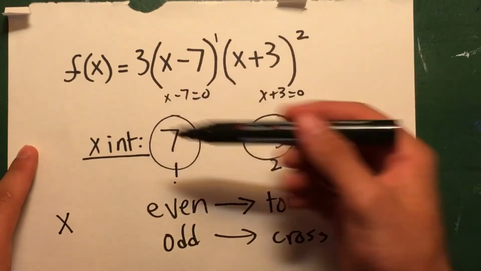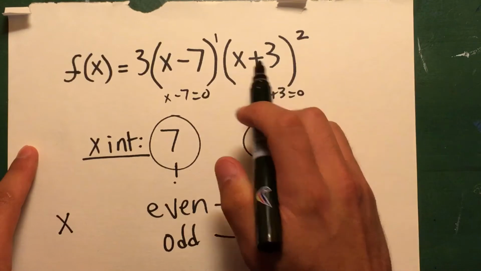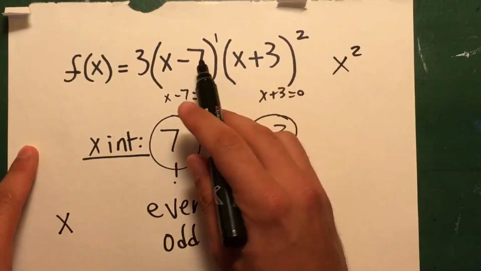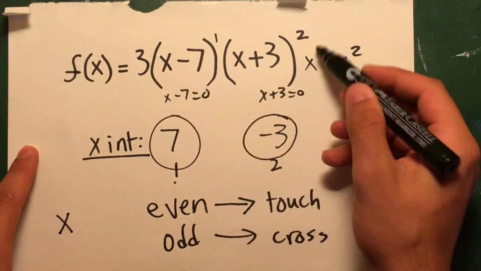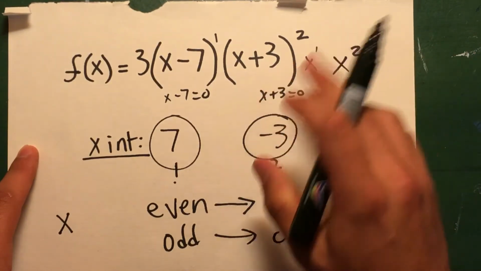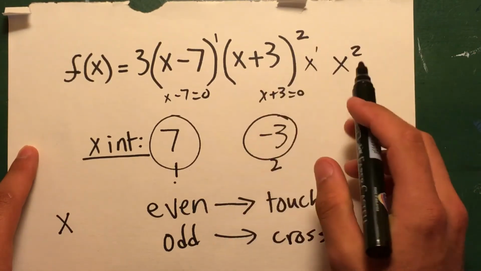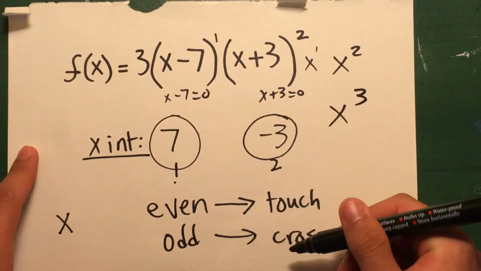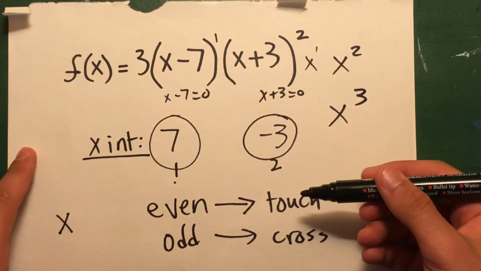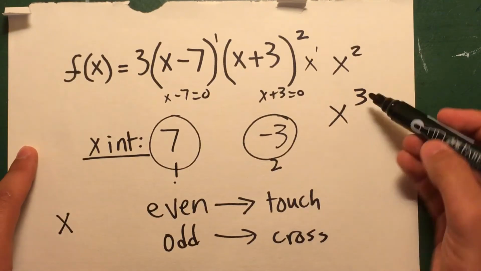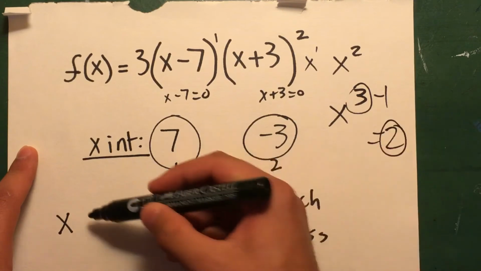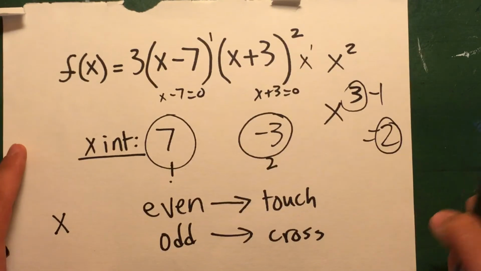As we could see, from this right here we'd get x squared because of the 2, and from this right here we just get x to the 1, just x. Once we multiply them together, we add these exponents, and we get x to the 3. When finding the maximum number of turning points, we subtract 1 from this greatest exponent, and we're going to have 2. So that's our maximum number of turning points.